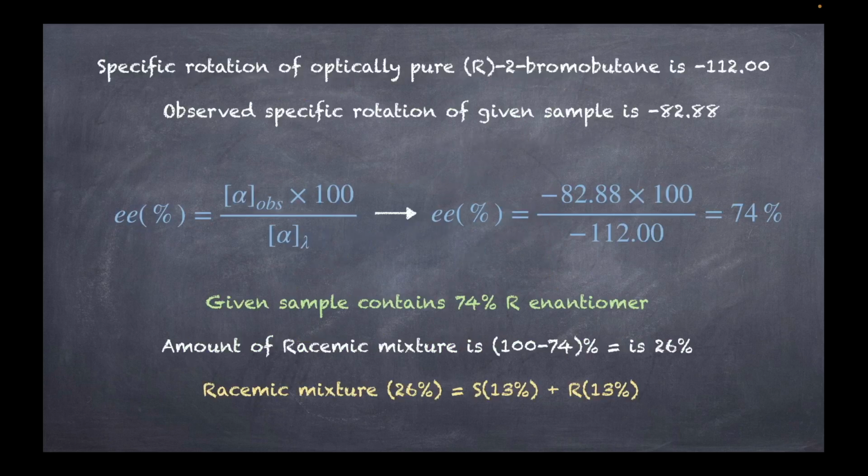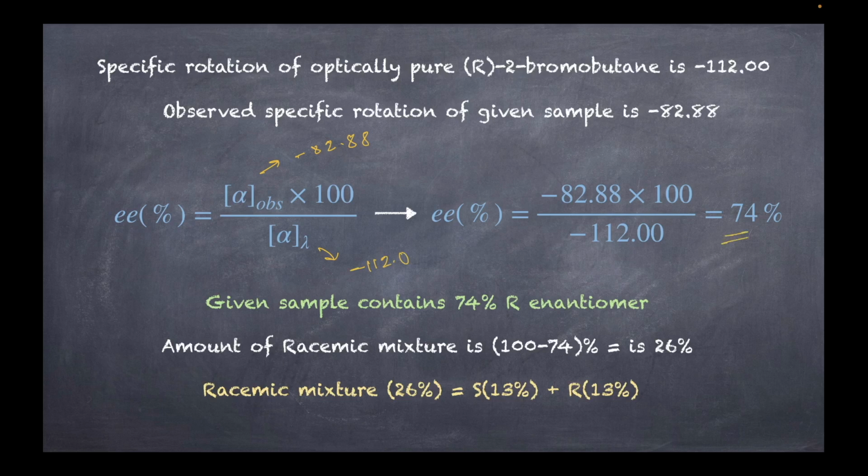The observed rotation of the given sample is minus 82.88, and the specific rotation of the pure chiral compound, the R enantiomer of 2-bromobutane, is minus 112.0. So let's put these values. The enantiomeric excess for the given sample is 74%.